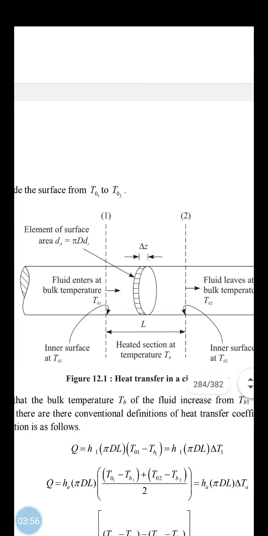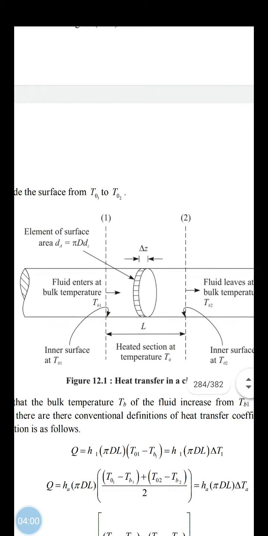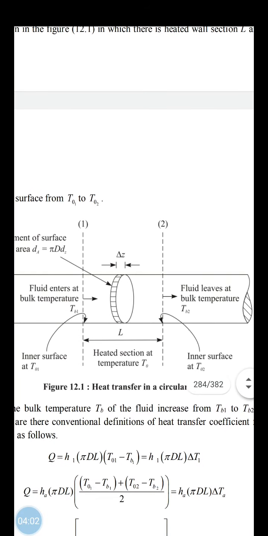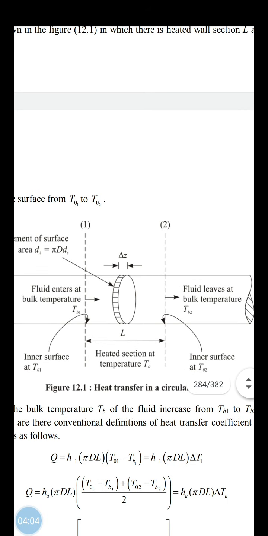The fluid enters at the bulk temperature of TB1 and leaves at the bulk temperature TB2. You can see the arrows. The inner surface is at the temperature of T01 and the inner surface temperature at the second point is T02.